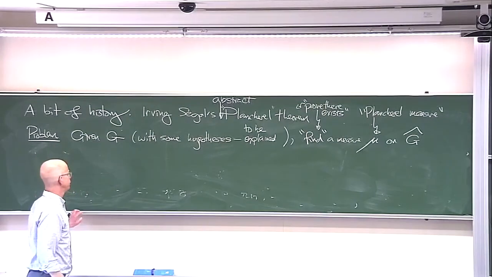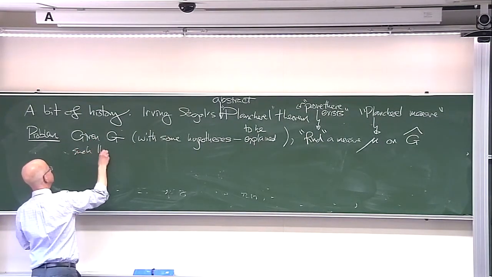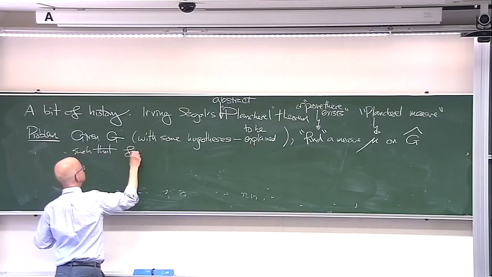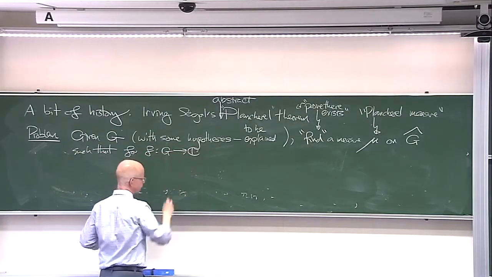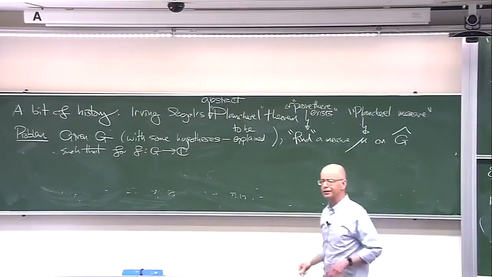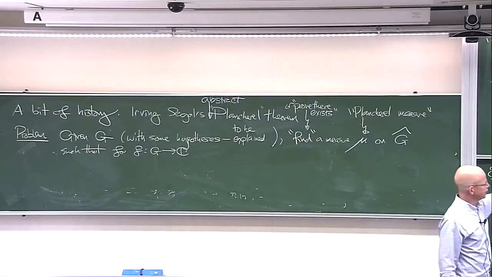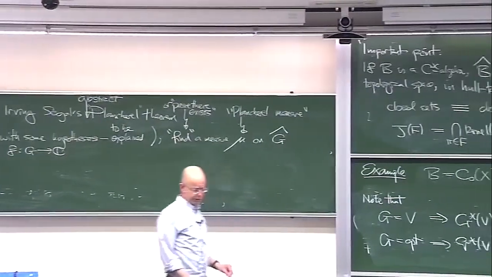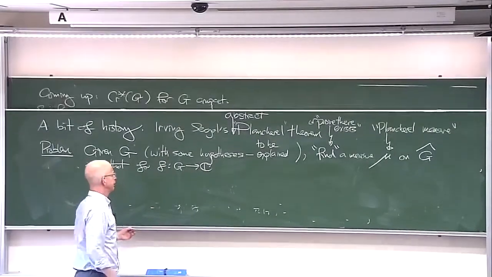Here's what it's supposed to do. It's supposed to reconstruct functions from their Fourier transforms in the following sense. So people experimented with some formulas like the ones that I showed you back in the abelian case, and they decided that what I'm about to say is the right generalization.